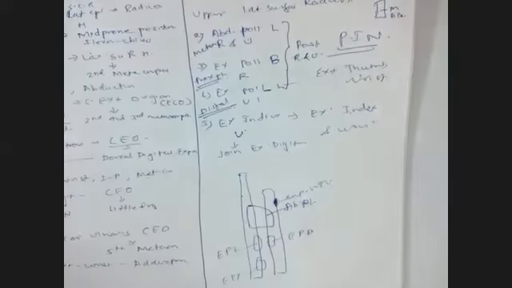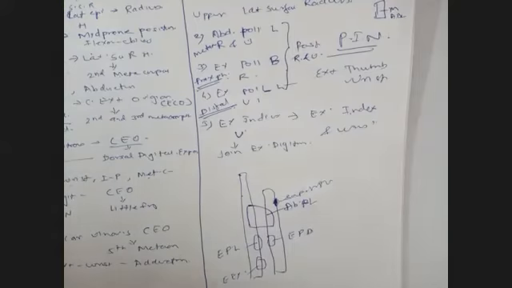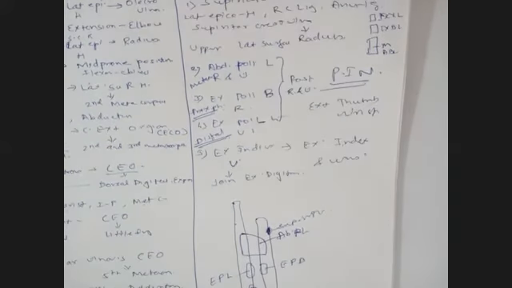But if pronator teres is on the front side like this, the supinator is like my finger getting inserted here. So whenever pronation happens, the supinator will pull it back to the normal position like this. That's how the supinator acts. It is also supplied by the posterior interosseous nerve.